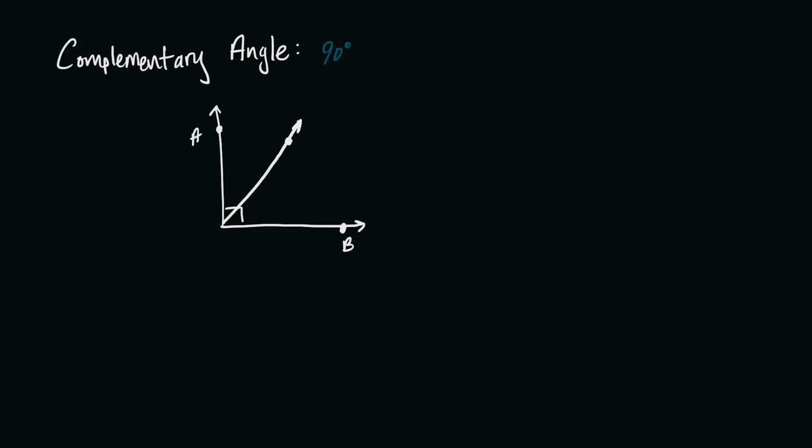Let's name that point C. We should have a vertex as well, so let's name that E. So angle AEB is just equal to 90 degrees.